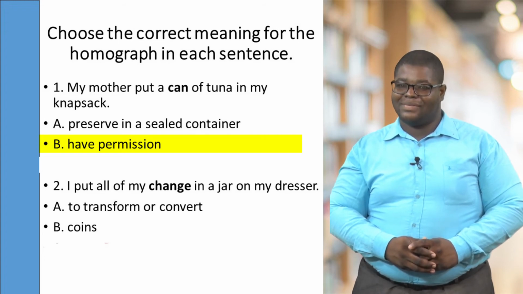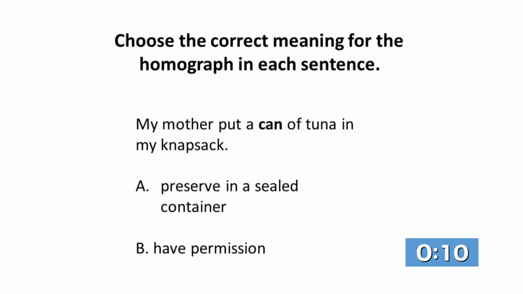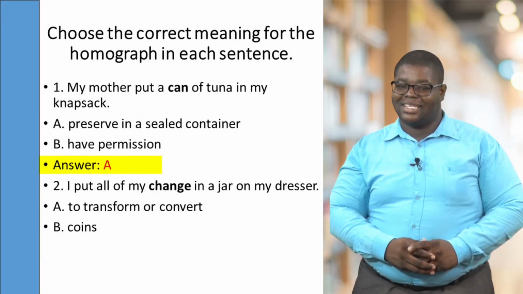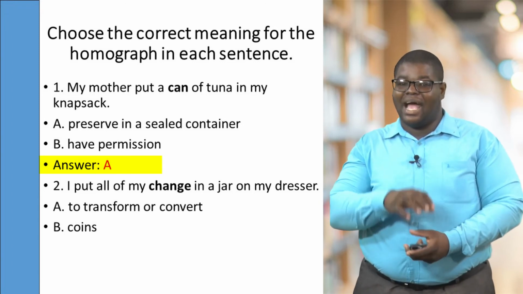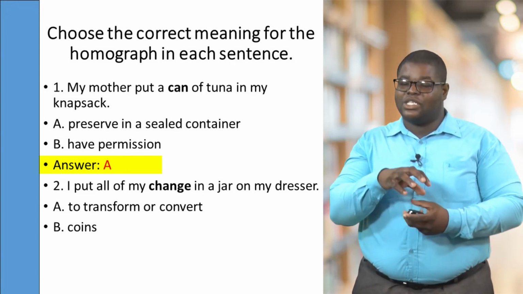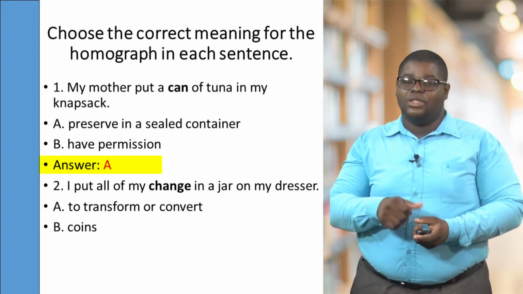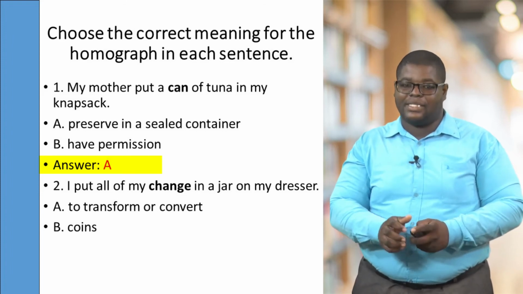A or B? What is your answer? A. So she's talking about that can, that physical can, where we have something that is preserved in a sealed container, where you'll need a can opener to open it.